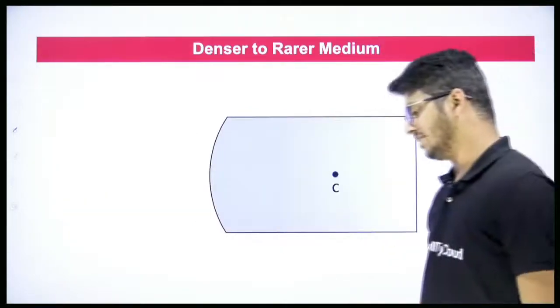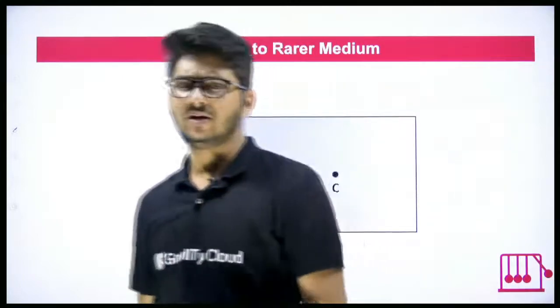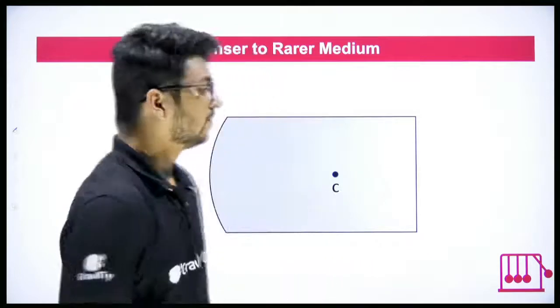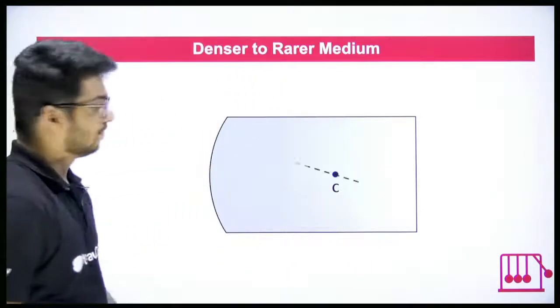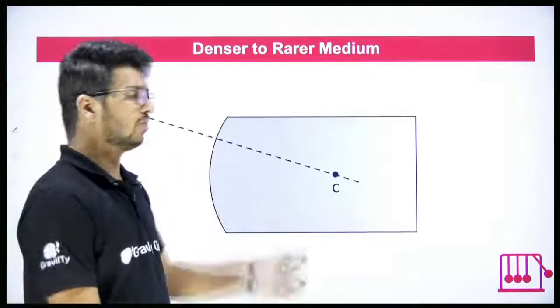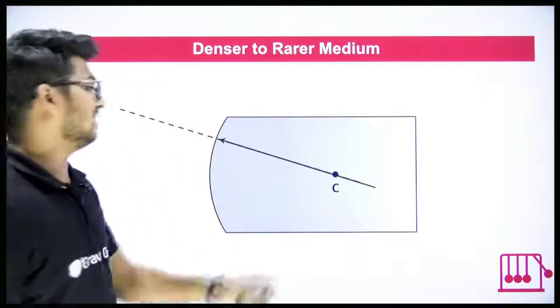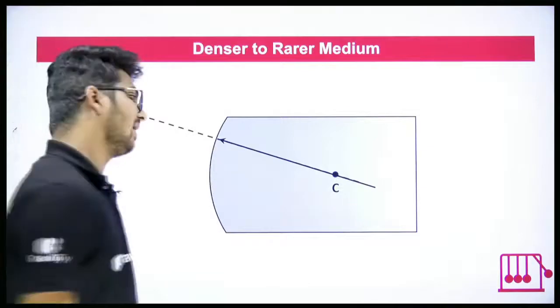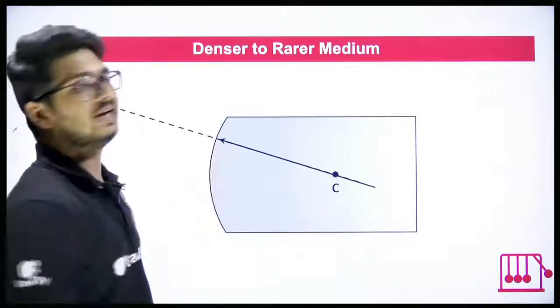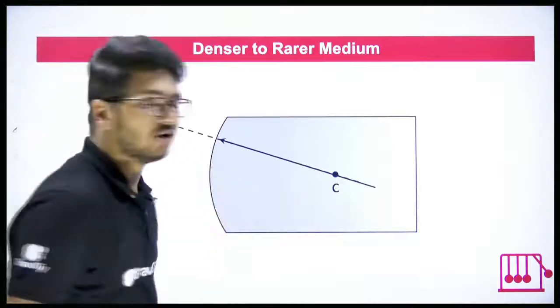Now we'll go into the case of denser to rarer, because until now we discussed different cases, but all of them were from rarer to denser medium. But now let's go into this. Here, let's say the normal passes through the center. This is a normal. And if a ray is incident along the normal, what is this case called? The incident ray is incident along the normal.